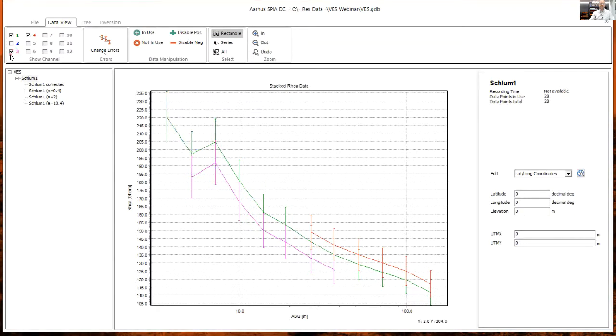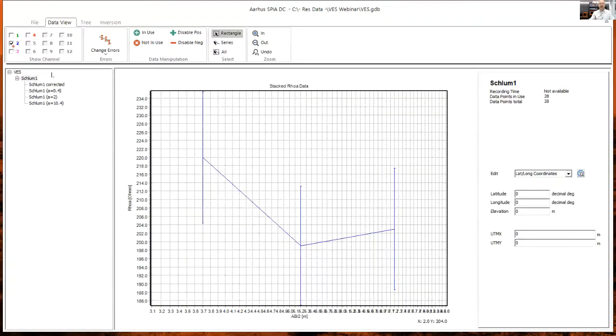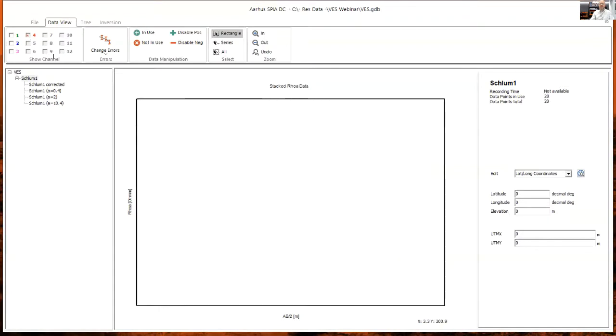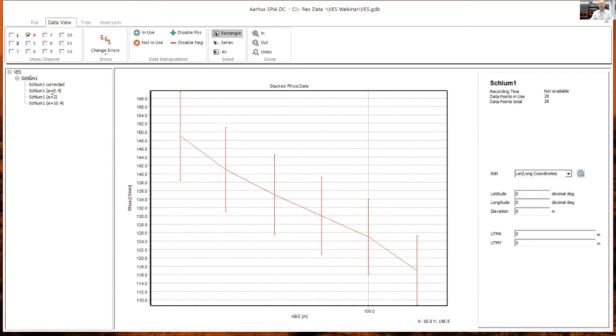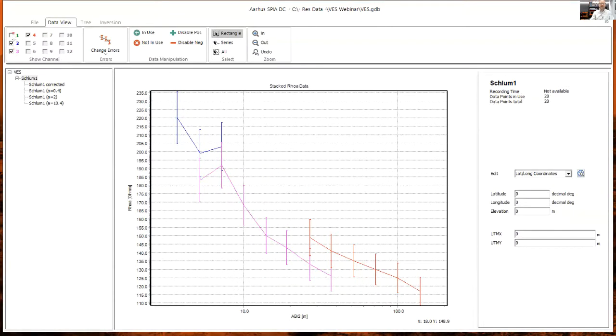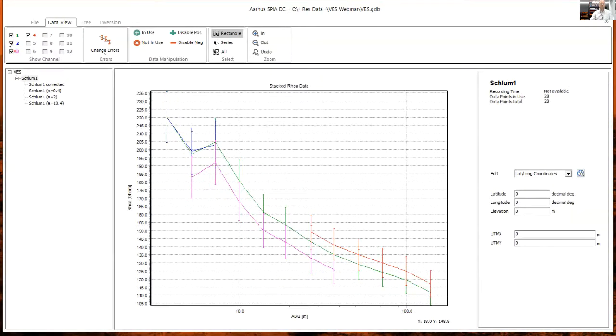So I've got, if I switch the others off, AB equals, A spacing, the MN spacing difference between the voltage pair of 0.4, so data points associated with that. Data points associated with a spacing of 2 meters, and data points associated with a spacing of 10 meters. And then I can look at all of those together.